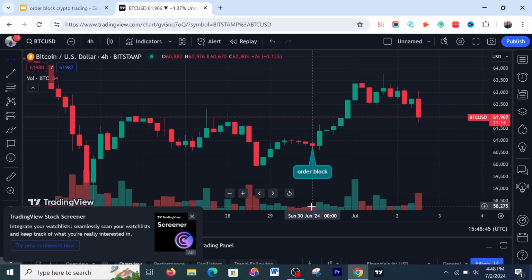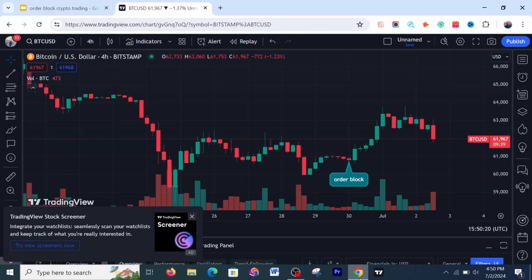So often you would notice that the trend is about to reverse because it comes with low volume, because the people who are pushing the market are losing steam. So for a bullish order block, it's the last red candle before a series of up candles, and it is most times accompanied by low volume.